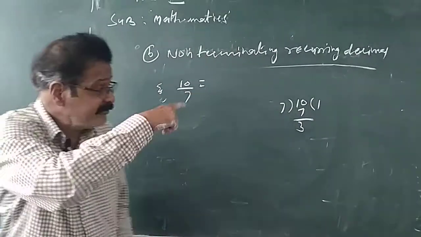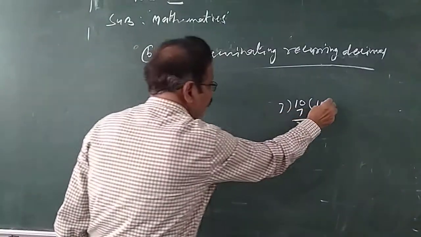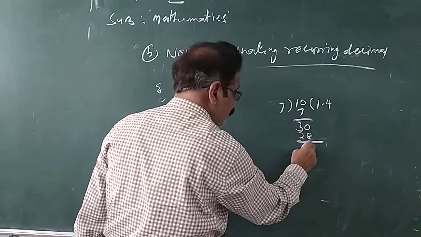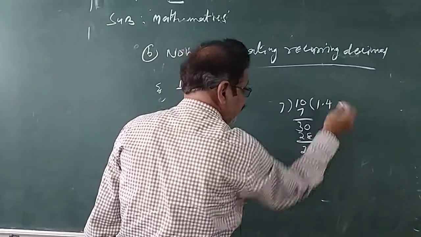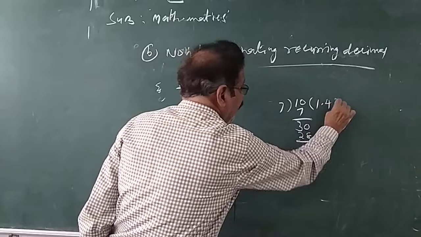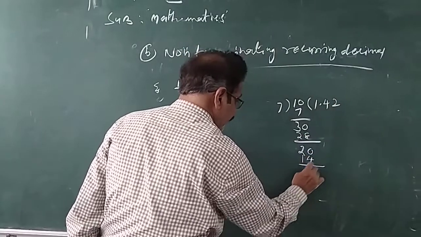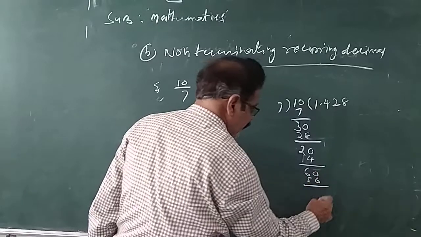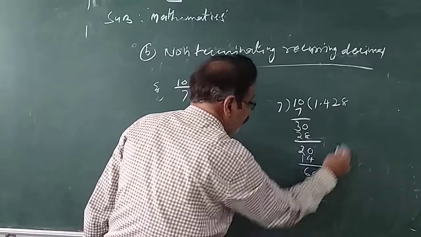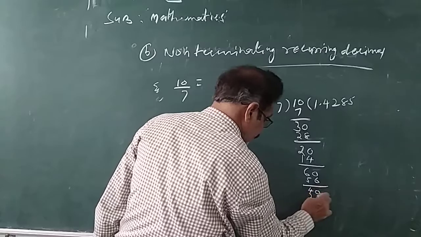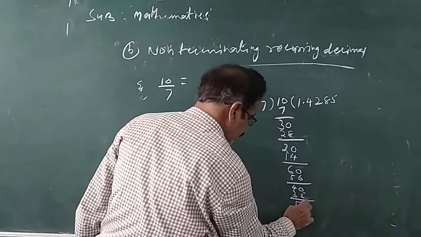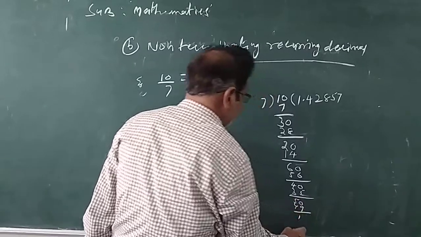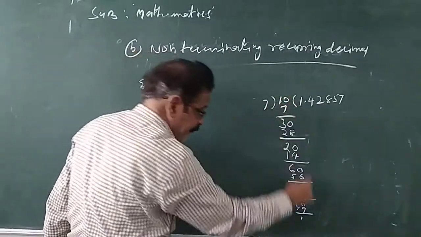Remainder 3. Thus 7 going into 3 doesn't go, so keep the decimal point. 7 fours are 28. Remainder 2. Again 0. 7 threes are 21, doesn't go. 7 twos are 14. Remainder 6. 0. 7 eights are 56. Remainder 4. 0. 7 fives are 35. Remainder 5. 0. 7 sevens are 49. Remainder 1. Same 10.